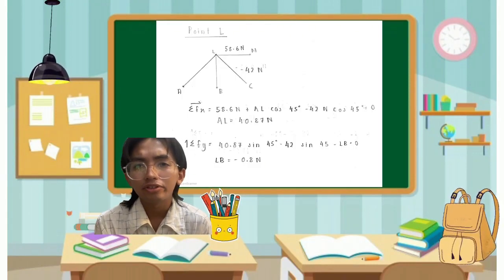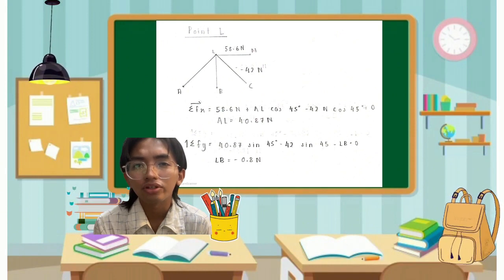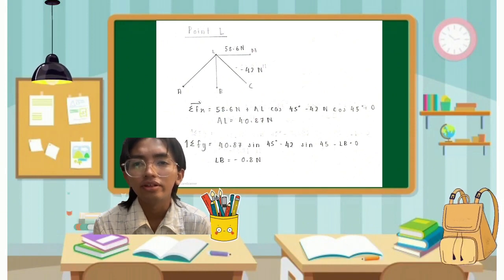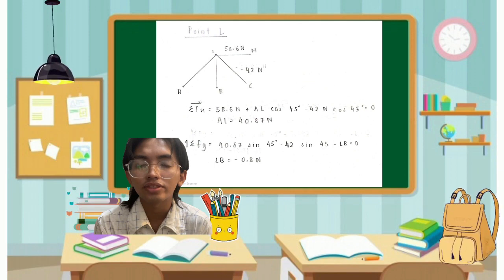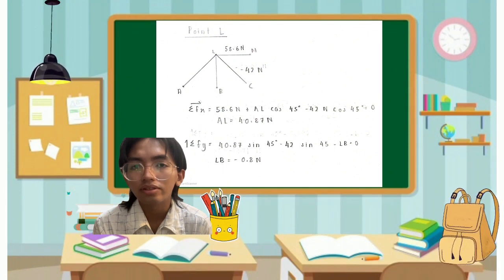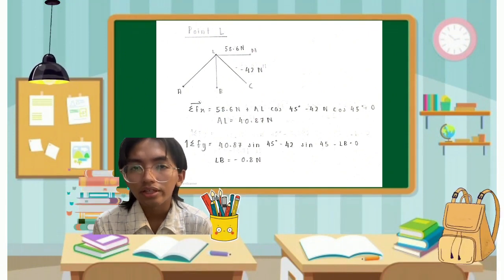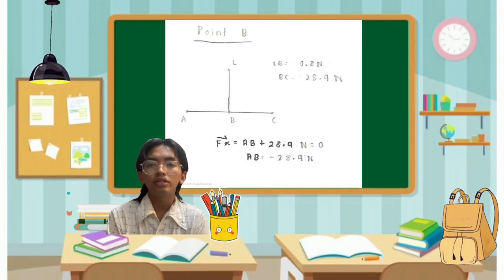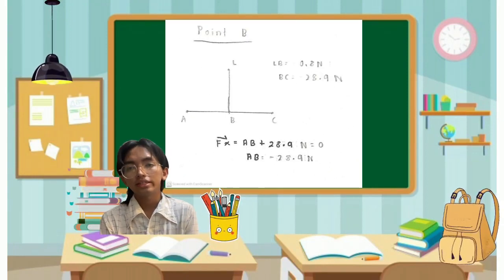Lastly, we use point L and point B to calculate the remaining values, which give the truss forces AL equal to 40.87 Newton, LB equal to negative 0.8 Newton, and AB equal to negative 28.9 Newton.